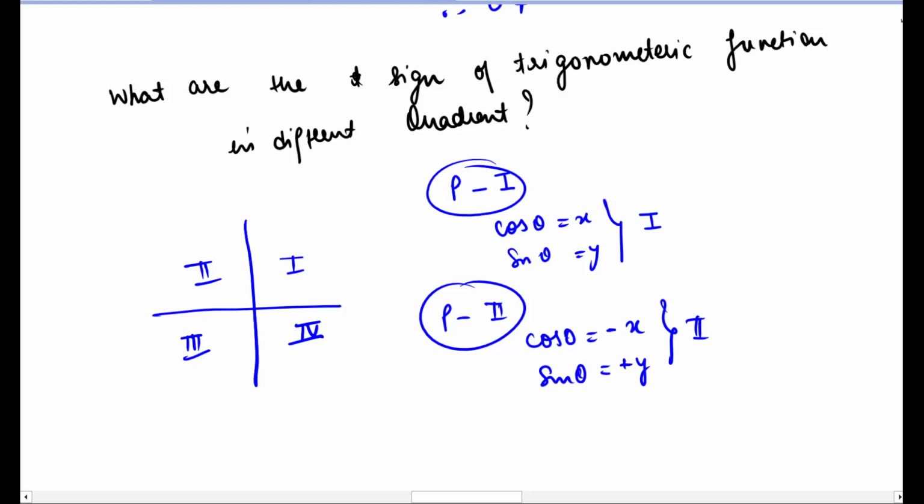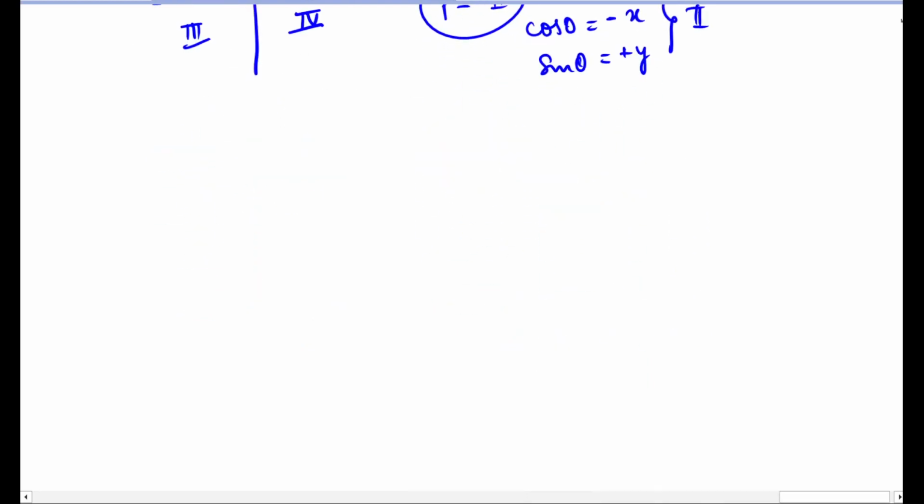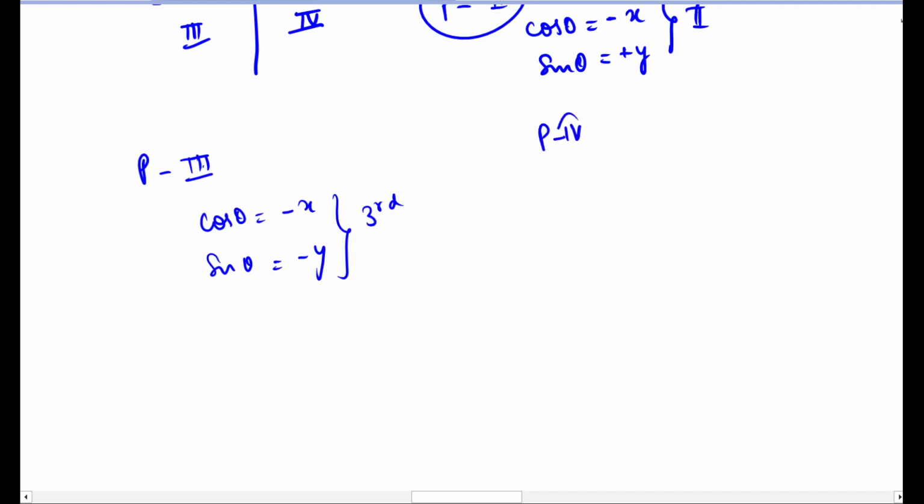Similarly, for the third quadrant, we get cos theta is minus x and sine theta is minus y. Now in the fourth quadrant, we have cos theta is positive x and sine theta is equal to minus y.